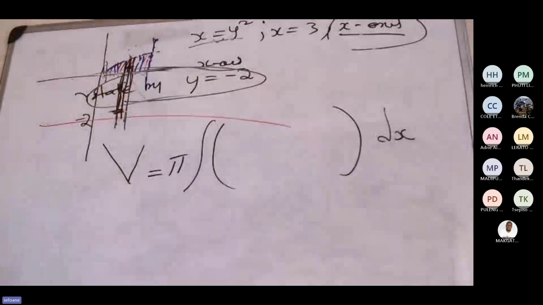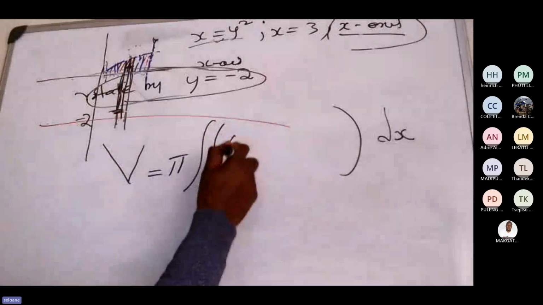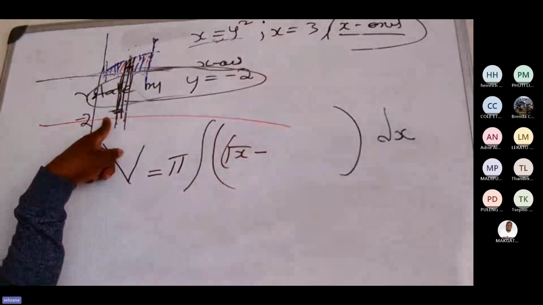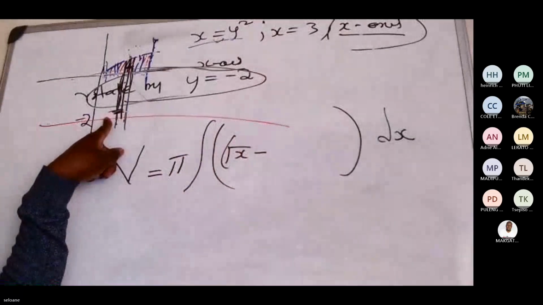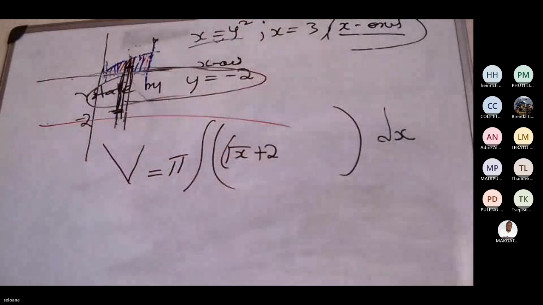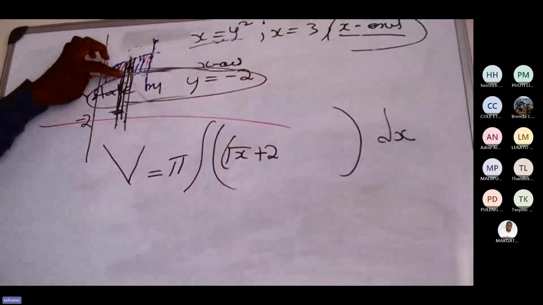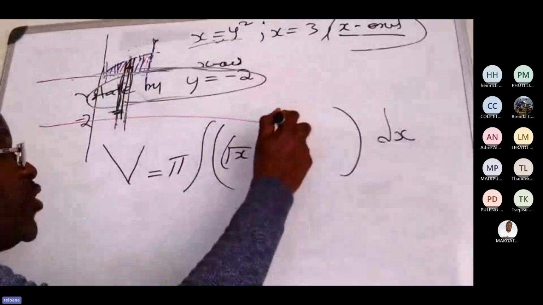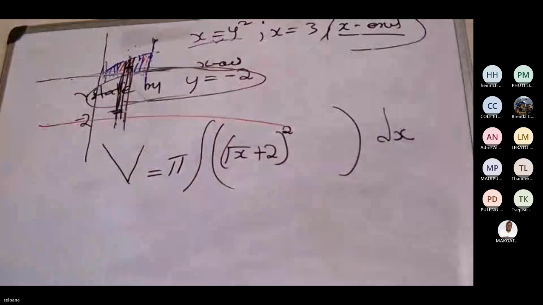This is the outer radius, meaning it will now be the square root of x minus -2, meaning it will be plus 2. Then you square it. This is the outer radius.